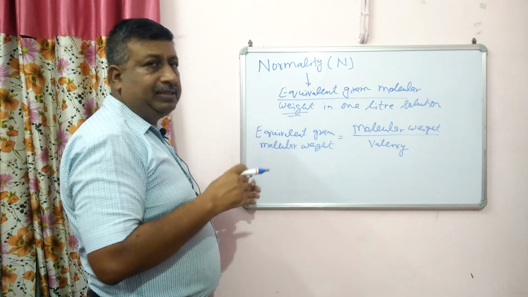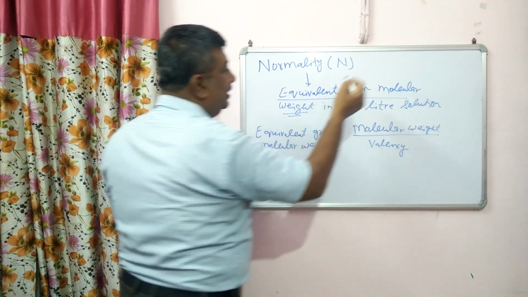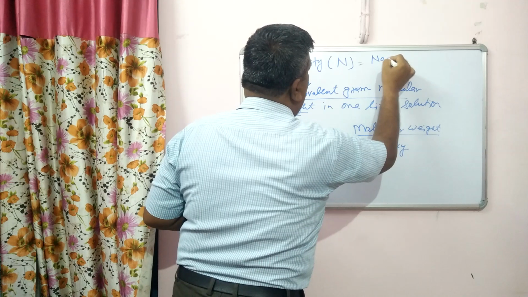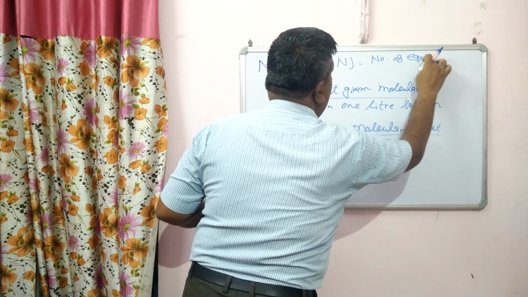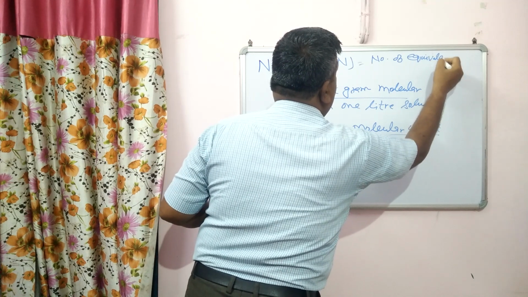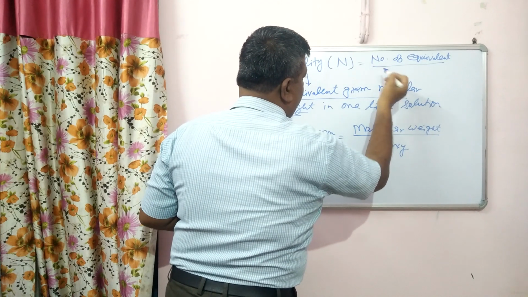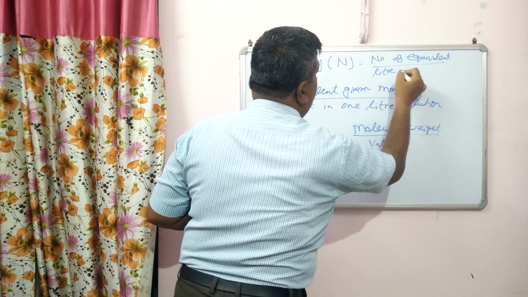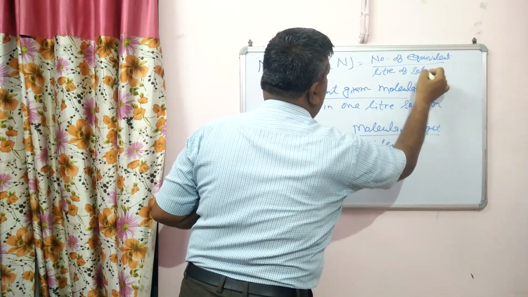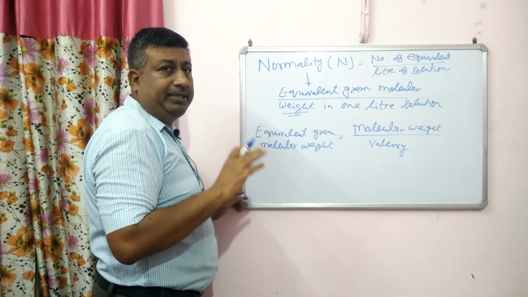So normality tells about how many equivalent weight are present in 1 liter solution. So it is the number of equivalent weight per liter of solution, and in case of molarity, it is the number of moles per liter of solution.